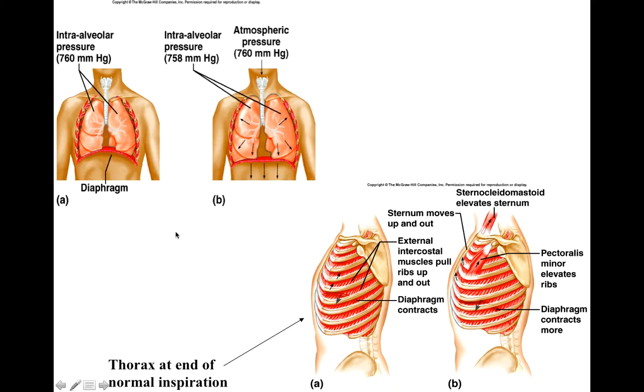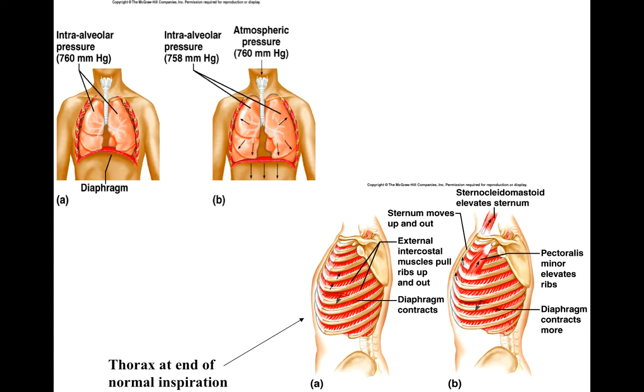Okay, so let's talk about how we accomplish this breathing. One of the numbers to remember is that air pressure at sea level, standard temperature and pressure, is 760 millimeters of mercury.